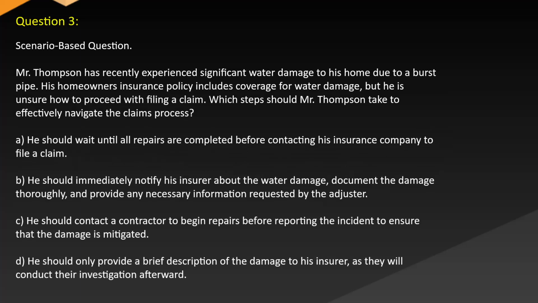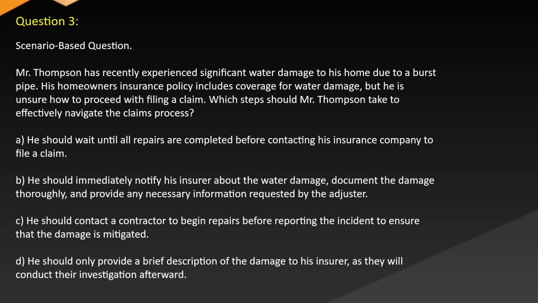Question 3. Scenario-based question. Mr. Thompson has recently experienced significant water damage to his home due to a burst pipe. His homeowner's insurance policy includes coverage for water damage, but he is unsure how to proceed with filing a claim. Which steps should Mr. Thompson take to effectively navigate the claims process? A. He should wait until all repairs are completed before contacting his insurance company to file a claim.